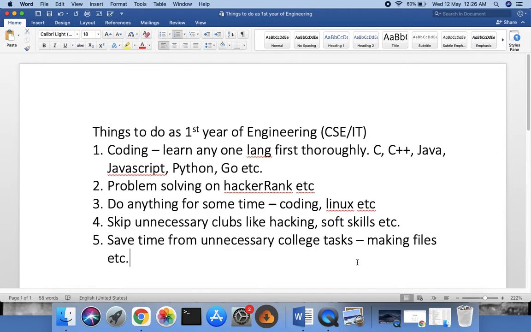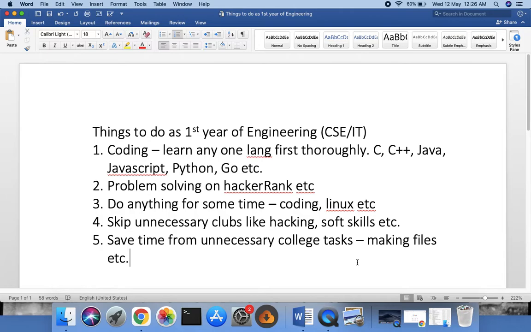So there are various different programming languages which are there. So my suggestion would be just pick one language, any language, be it C, C++, Java, JavaScript, Python, Go, etc. Just pick any language and try to stick with that particular language for at least a year.